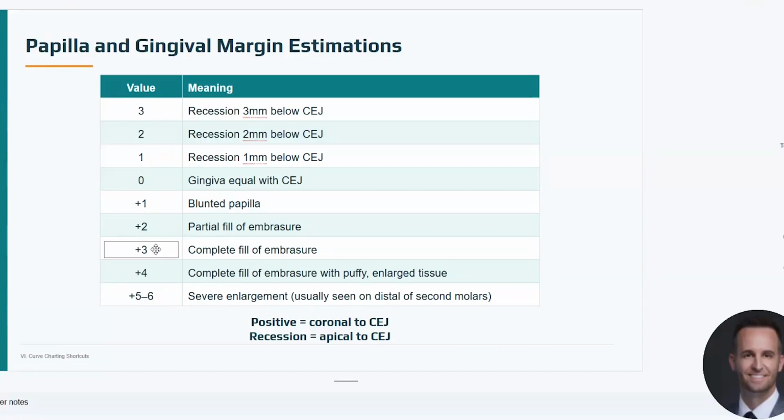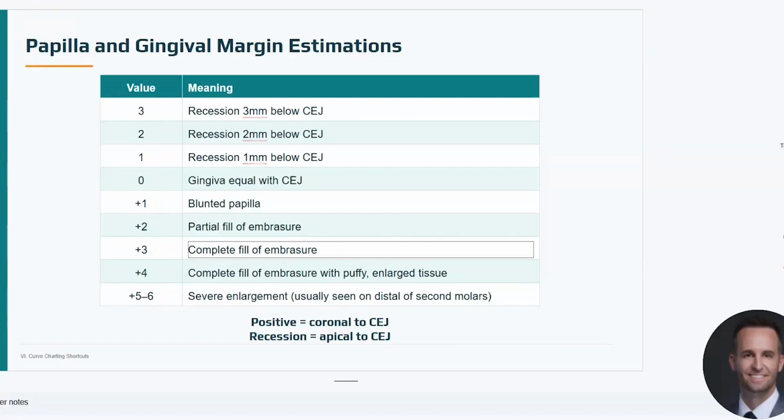So what you want to do is, when you're doing these gingival margins, look at it relative to the neighboring tooth. If you mark a +3 on one papilla because it fills in most of that embrasure space, you go on to the next tooth, and in order to mark it a +3, it should also be at the same level. So you can look at them in relation to each other.